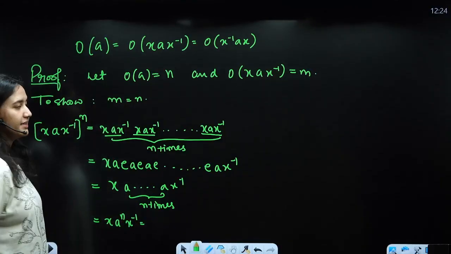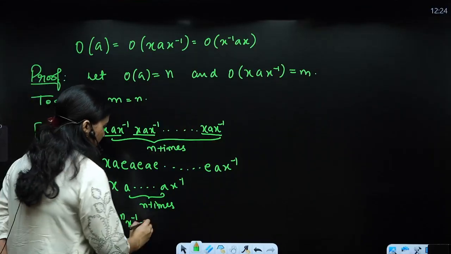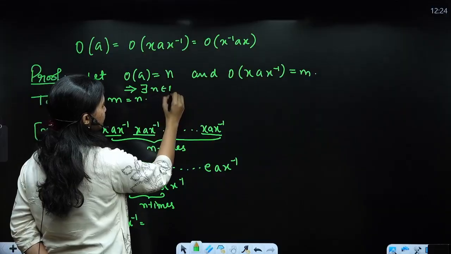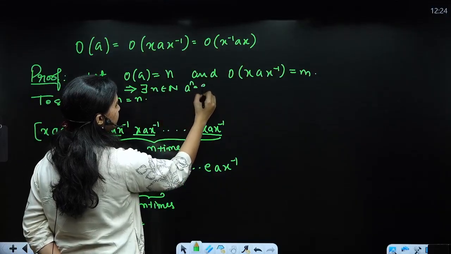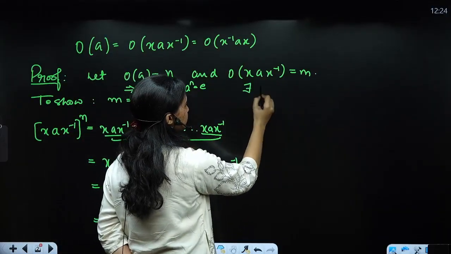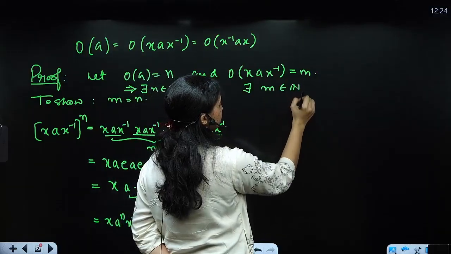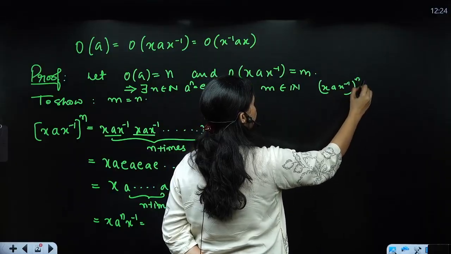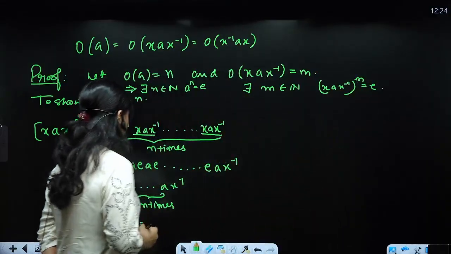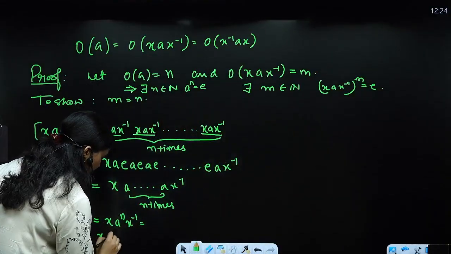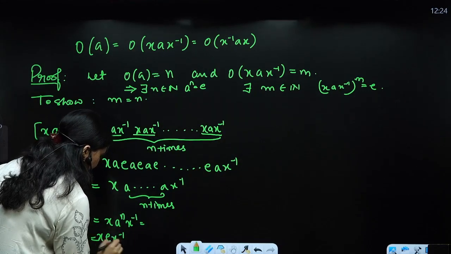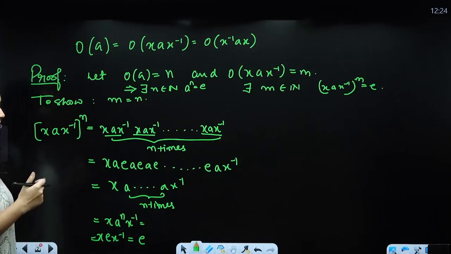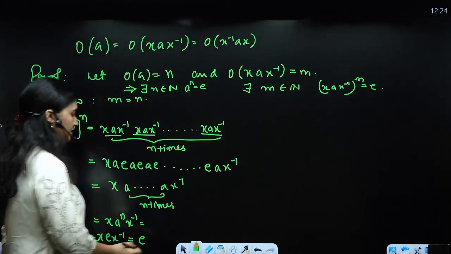A raised to the power n is going to be E. Here you can write, this implies that there exists n belonging to natural numbers such that A raised to the power n is E, and there exists m belonging to natural numbers such that xAx inverse raised to the power m equals E, right? So from here I can write xEx inverse, and this is going to give me eventually E. So xAx inverse raised to the power n equals E. This is going to imply what?